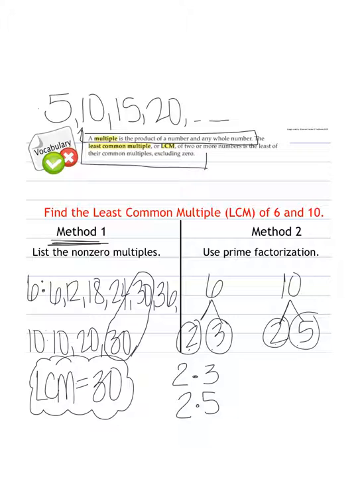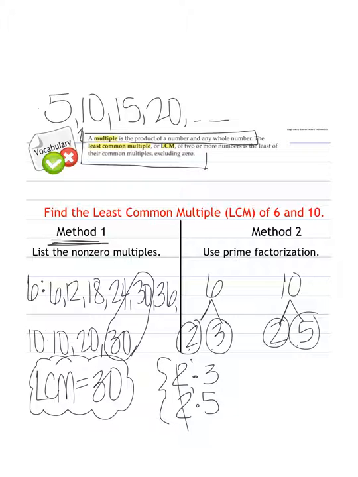So the way we find the least common multiple this time is we take one of every single prime number that is represented between the two numbers that we're using to find the LCM. So there's 2 2's, but because they're both the same power, they're basically like 2 to the power of 1, I'm just going to take 1.